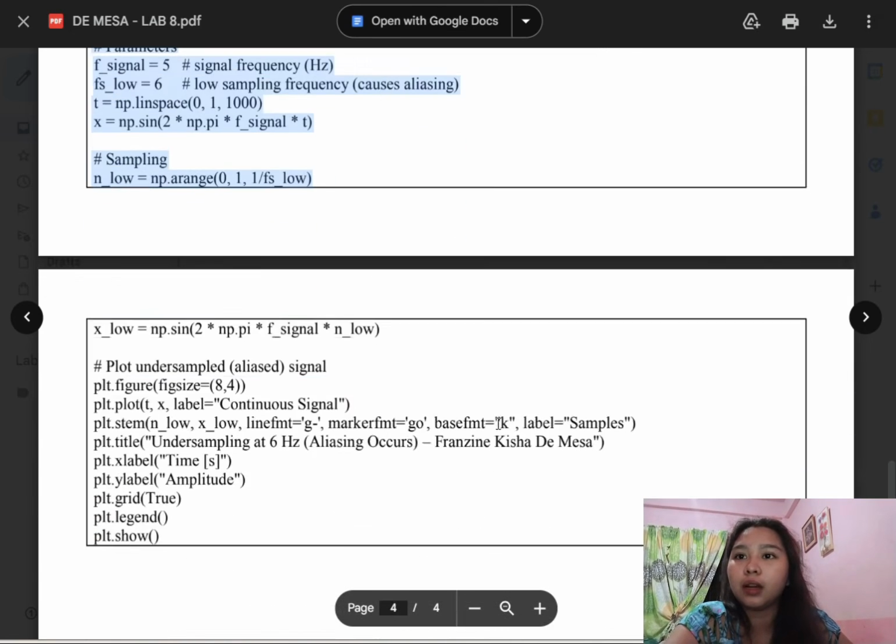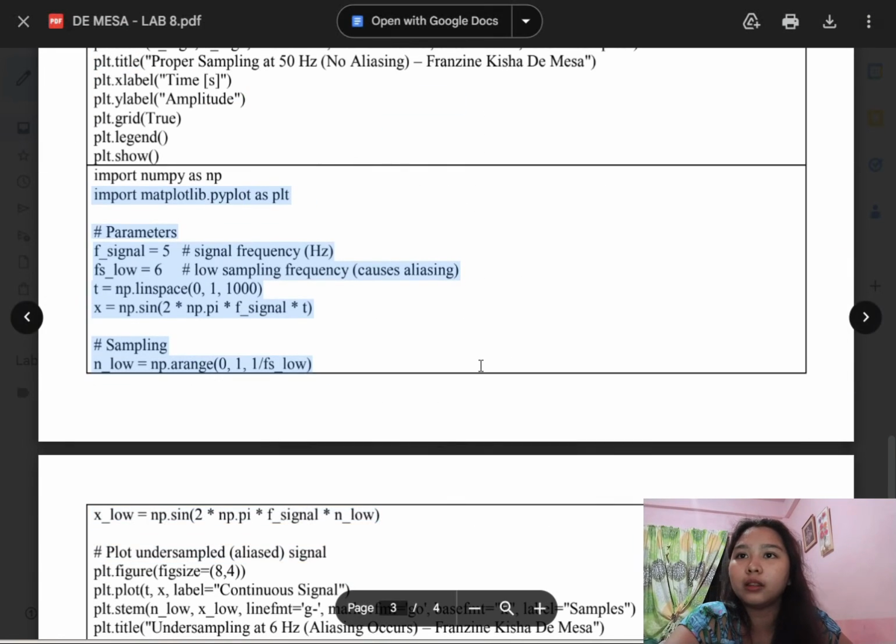In the third part, we simulate undersampling by setting the sampling frequency to 6. This one, fs low, equals 6, which is less than twice the signal frequency, so it violates the Nyquist condition.